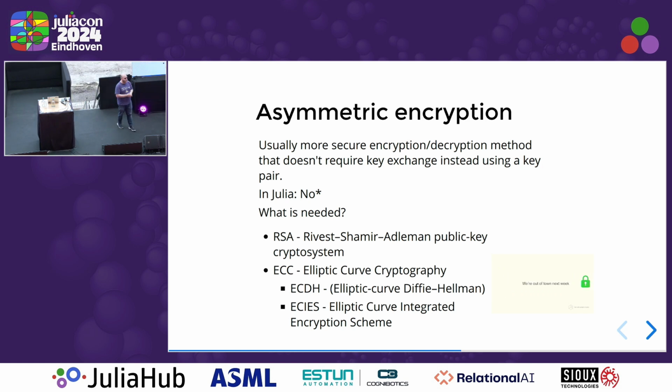To use those, you need to implement methods of exchanging keys using these elliptic curves: ECDH, the elliptic curve Diffie-Hellman algorithm, or ECIES, the elliptic curve integrated encryption scheme. In order to actually encrypt something you can send, you need that implementation, and I haven't seen that in Julia. So if I'm uninformed, please let me know, because that's my knowledge so far.